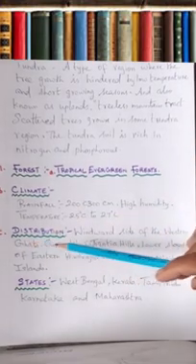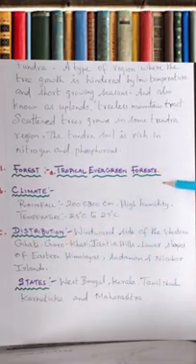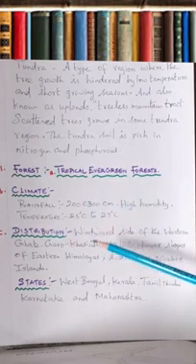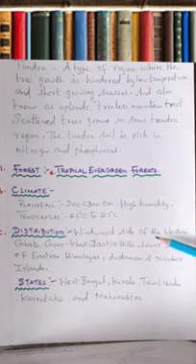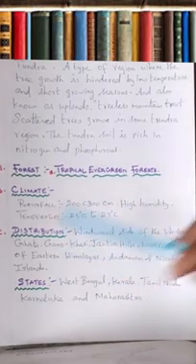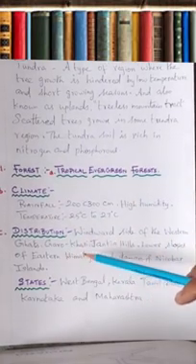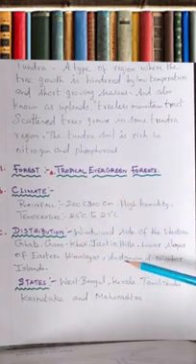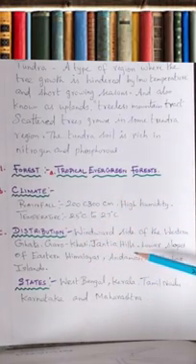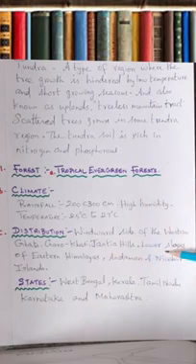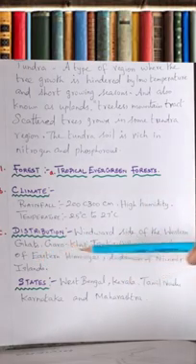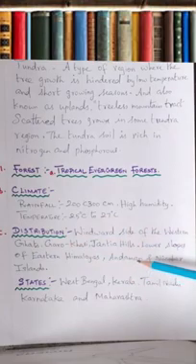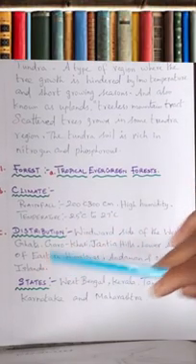C. Its distribution. Tropical evergreen forest distribution: windward side of the Western Ghats, Garo and Khasi, Jaintia Hills, lower slopes of Eastern Himalayas, Andaman and Nicobar Islands.